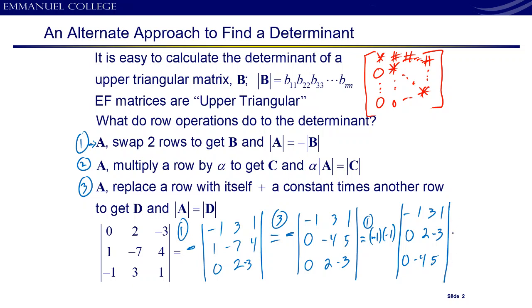Then I can just add 2 times row 2 to row 3. And the two negatives, I'll get -1 times -1, which multiplied together gets you 1. I have a math degree. I can't do -1 times 1. So then we get -1, 3, 1, 0, 2, -3, and then 0, 0, and -1.